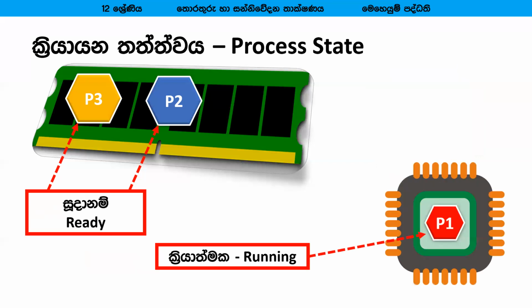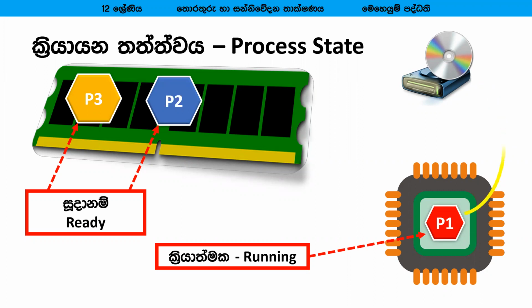So if a particular process is running inside the CPU, and due to some input-output request, like we discussed in the interruption handling, I told you that this process is going to be idling inside the CPU, staying doing nothing.